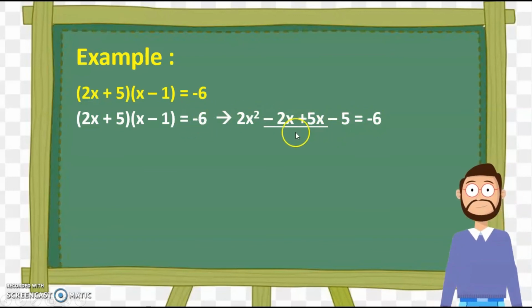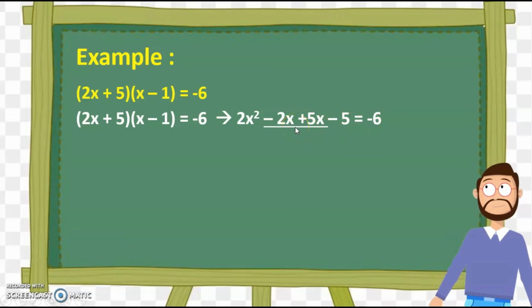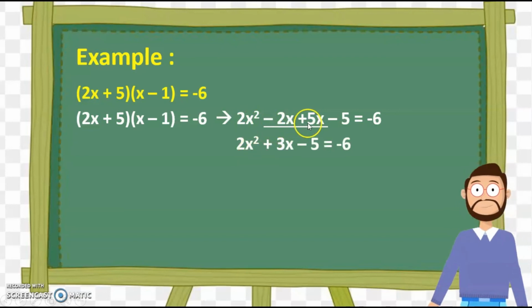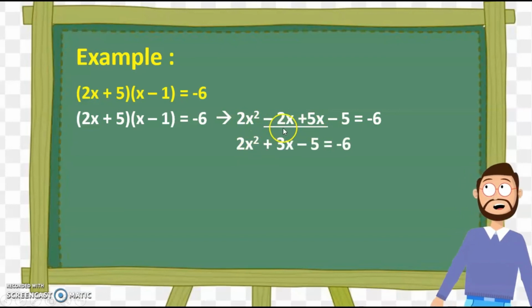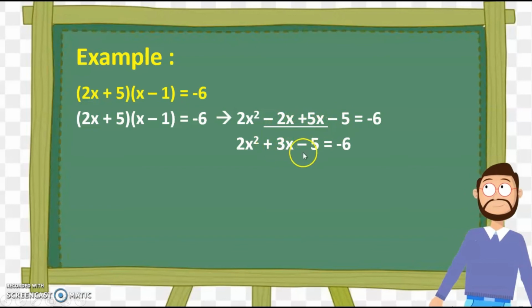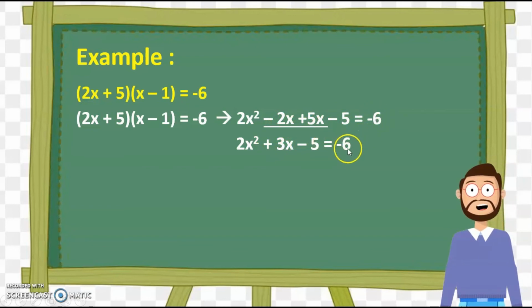Copy negative 6, equals negative 6. After that, you have to combine like terms if there are any. Copy 2x squared. These two terms here are like terms, so you have to combine them. We have negative 2x plus 5x, we have positive 3x. Copy negative 5 equals negative 6.